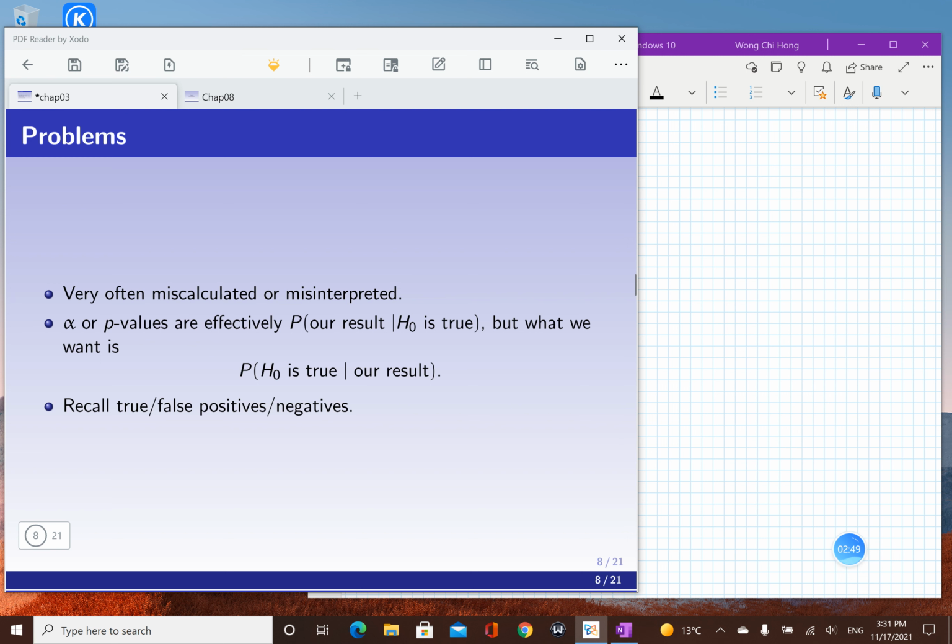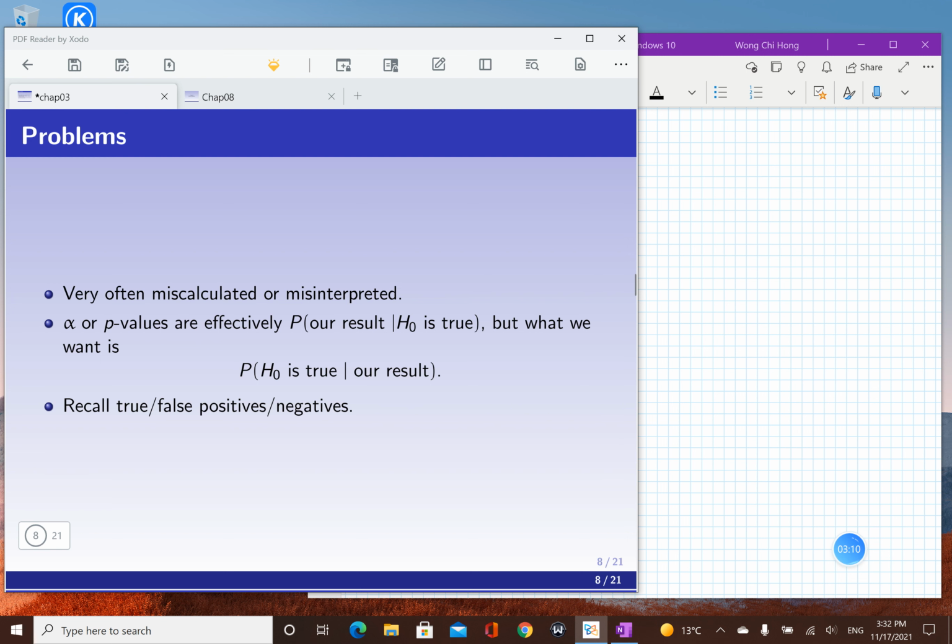How likely is it to obtain a result? If it is an unlikely event, so small a value that it is unlikely to happen, therefore we say there's probably something wrong with our hypothesis. The fact that H0 is true is probably not the case.